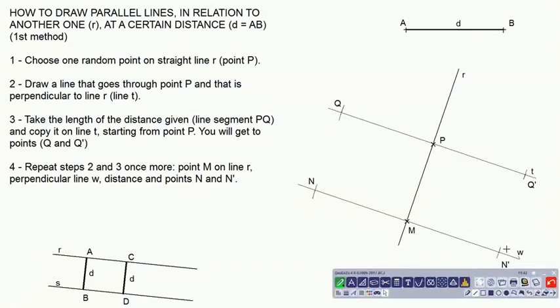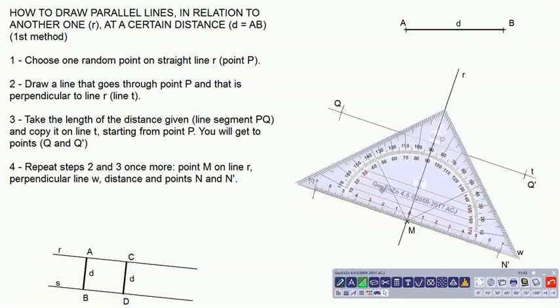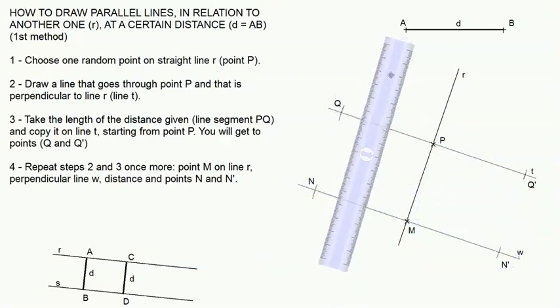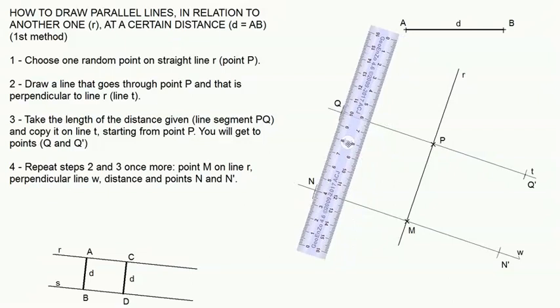Now, if we draw a straight line that goes through point Q and point N, we will have the first of our solutions. I'm going to use a ruler because it's always easier.